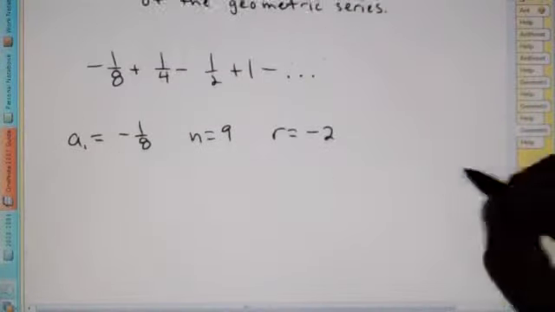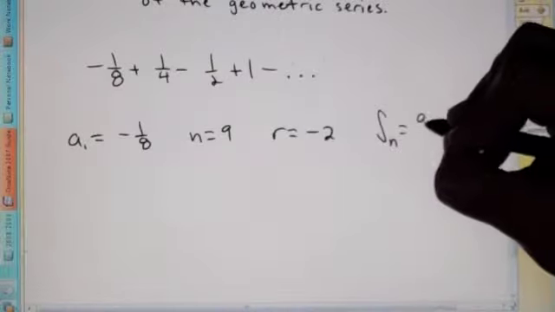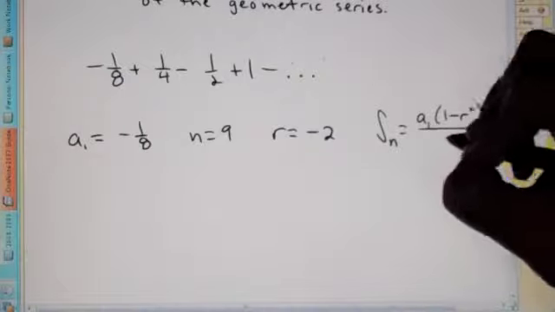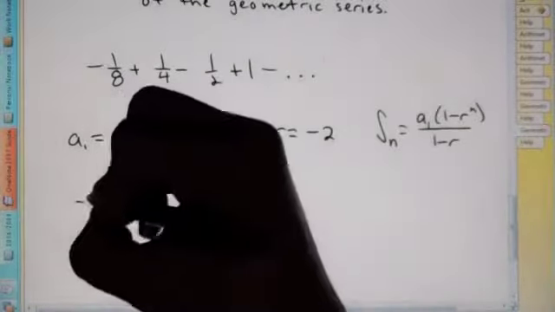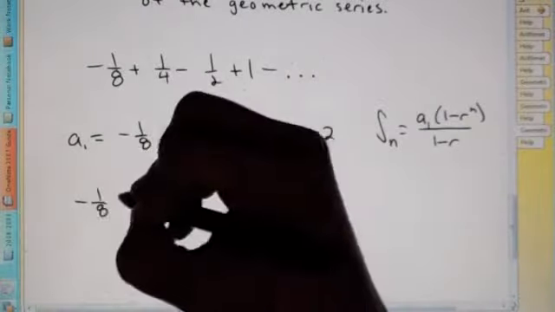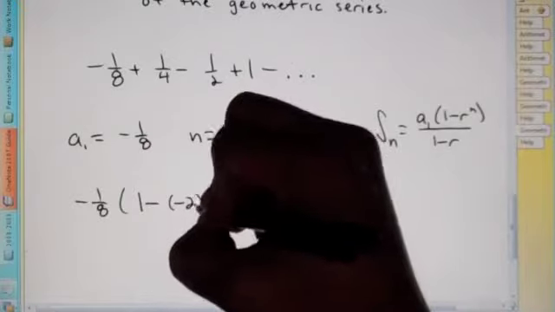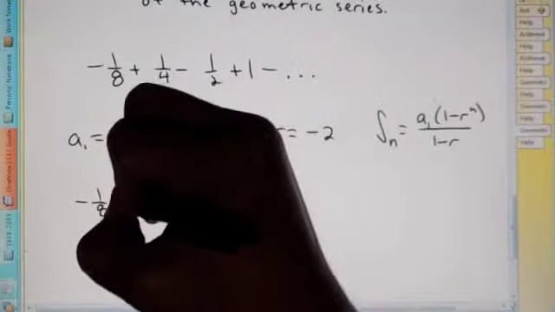So here we have to use our second formula, which says S sub n is equal to a sub 1 times 1 minus r to the n over 1 minus r. So our first term, negative 1/8, times 1 minus r to the n. I'm going to change these into brackets.